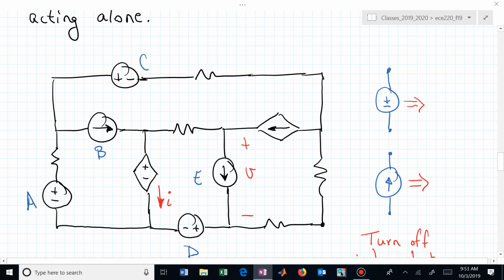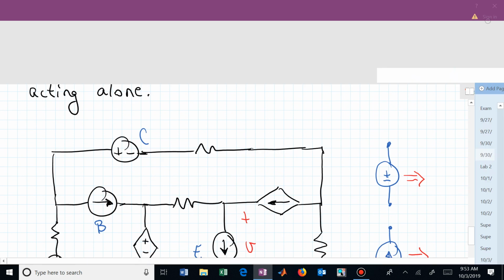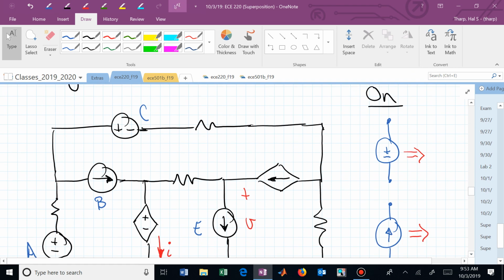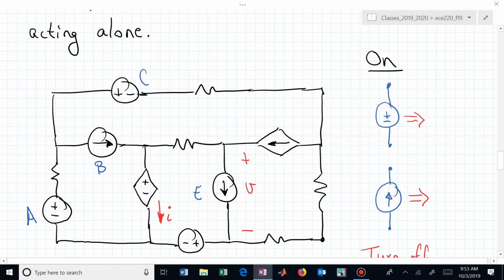Here is the picture of when those independent sources are on. What happens when they're off? If we wanted to turn off source A, how would we turn it off in the circuit to analyze our circuit? What would we do between the nodes of that voltage source A if we wanted to actually turn it off?